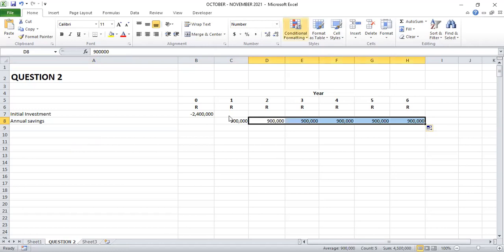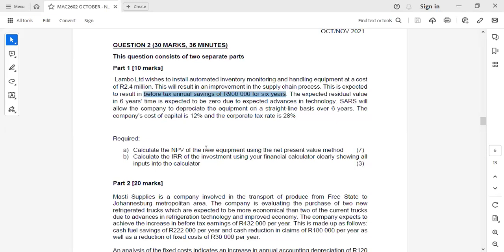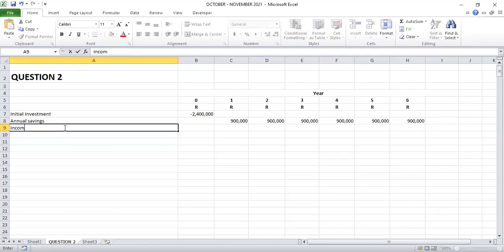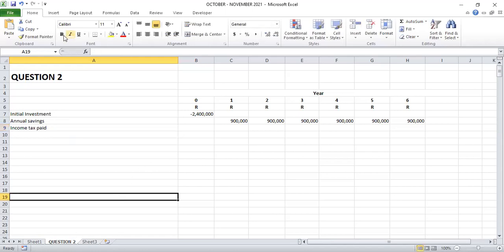But remember that they are before tax. So we have to take into account the income tax rate. For us to determine our income tax, we have to do a calculation.